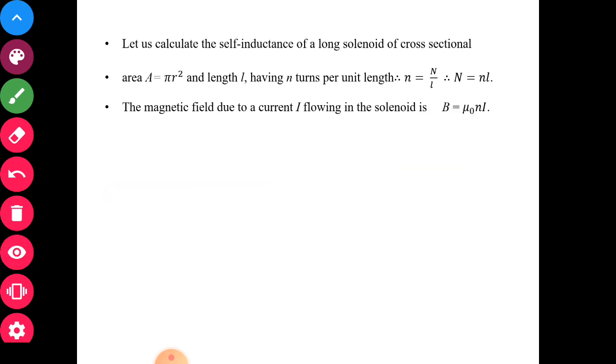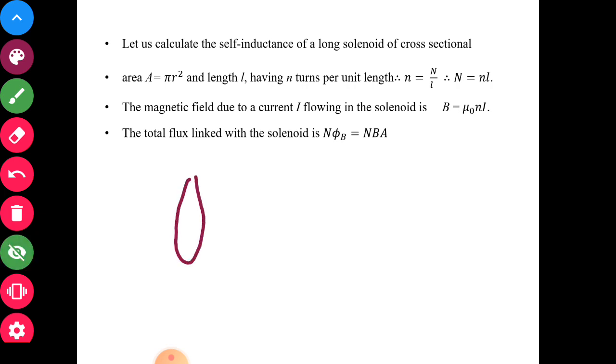The magnetic field of a solenoid, you know, is B equal to mu 0 n I when current I is flowing. So the total flux, which is the number of turns times the flux, N phi B, will be N times B times A. Flux is B dot A, that is B A cos theta, and cos 0 it will become. The magnetic field and area vector are in the same direction, so theta will be 0.